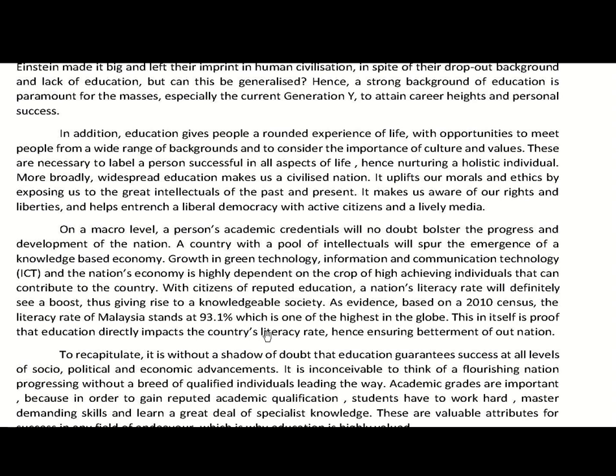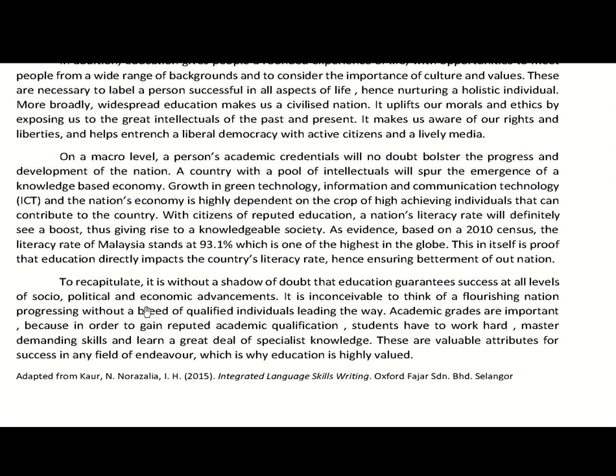Literacy means read and write, isn't it? Then the next paragraph, to recapitulate, it is without shadow of doubt that education guarantees success at all levels. So this writer is telling how education is the only way to be successful at all levels, social, political, and economic advancements. So in other words, they are really for education.